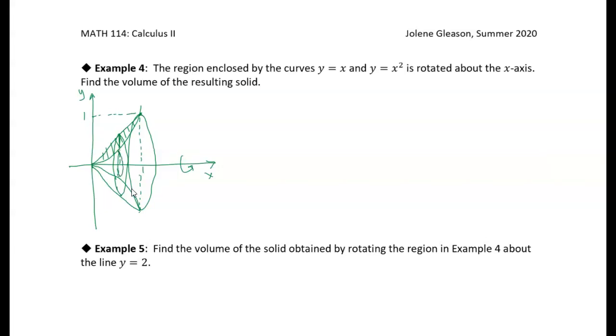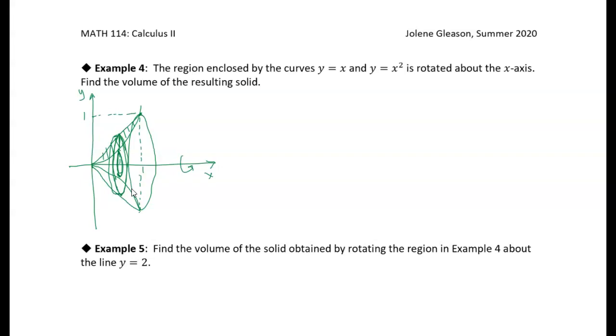So it looks not so much like a disk as a washer, right? So we have this series of washers that we need to add up. So there's our disk, hollow in the middle, and then we'll give it some thickness just to illustrate what this looks like. Okay, so there's one disk, or in this case, a washer.